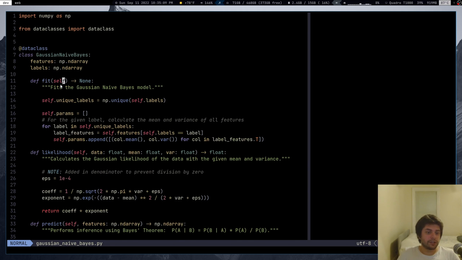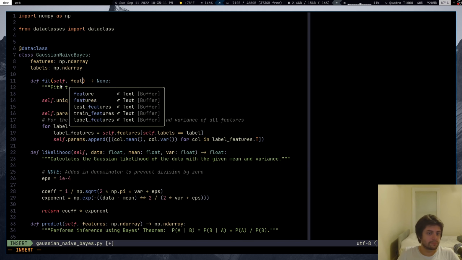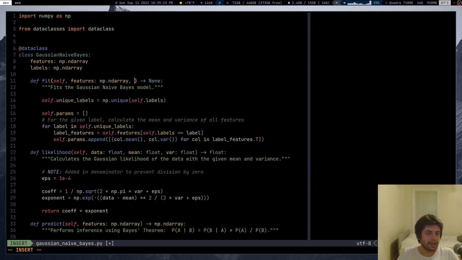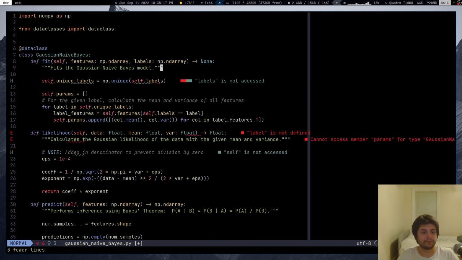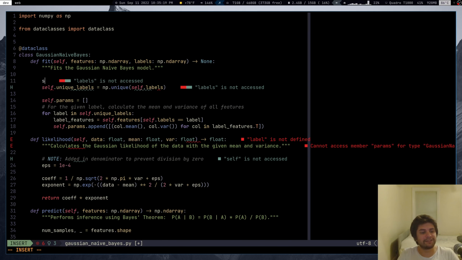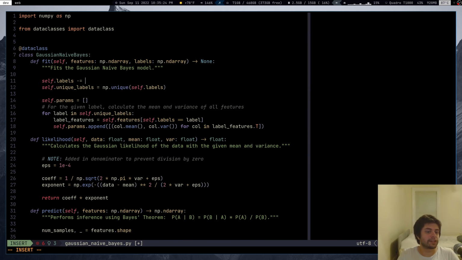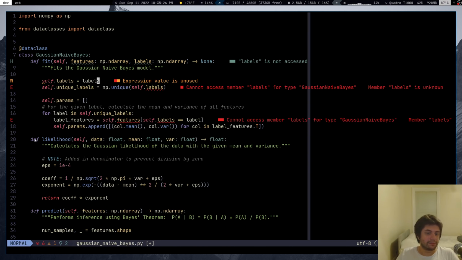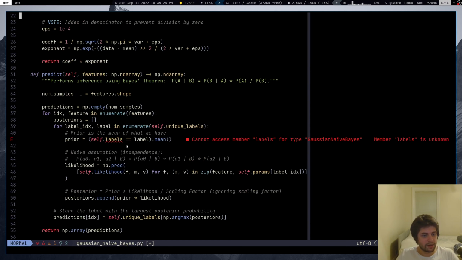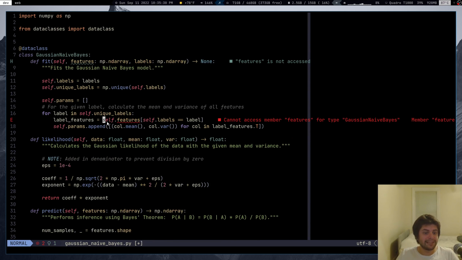Now the suggestion is to use features and labels directly in the fit, so pass them directly. That would mean the self.labels, in this case, we would still need to initialize. The reason for that is that we use self.labels down here in the predict method, but at least we can get away with not using self.features.